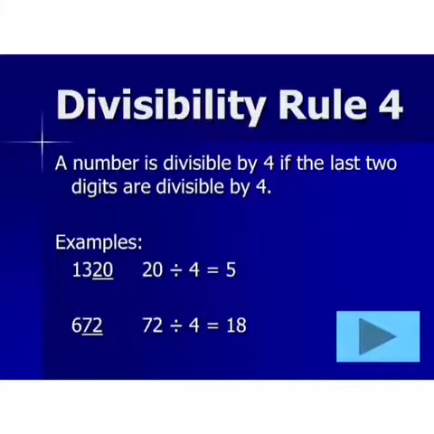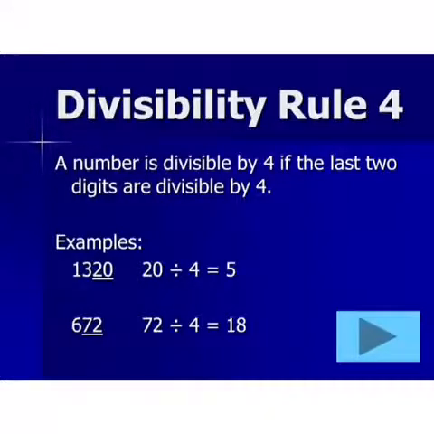Now the next number is 1320. In 1320, the last 2 digits, that means at the tens and ones place, are 20, and when 20 is divided by 4, it gives 5 and no remainder. That means 1320 is also divisible by 4. Then comes 672. Here 7 is at the tens place and 2 is at the ones place.